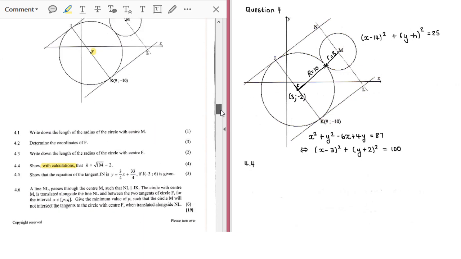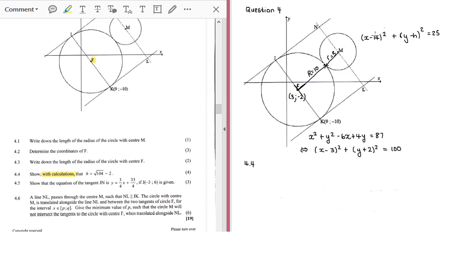If we look at this equation, it is saying that the coordinates at M are, change the sign, x value 14, y value, change the sign, h. So the coordinates at M are (14, h). Now they want us to show that h is equal to this number over here.